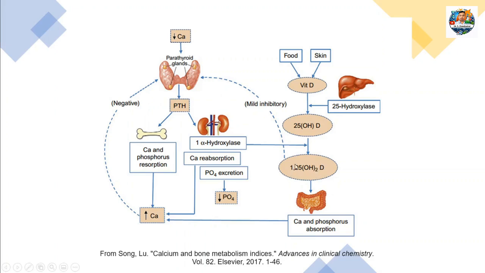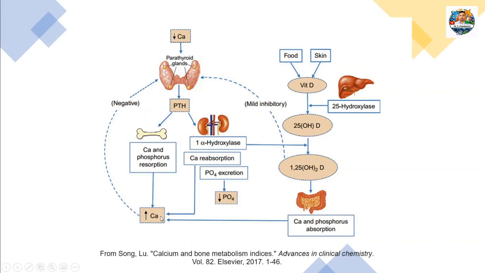And this is the hormone which is mainly involved in the regulation of calcium and phosphorus absorption from the alimentary tract. So when this hormone binds to the intestinal cells, then there is absorption of more calcium and phosphorus from your food. These are released into the plasma, and because of that there is increase in the concentration in blood plasma.